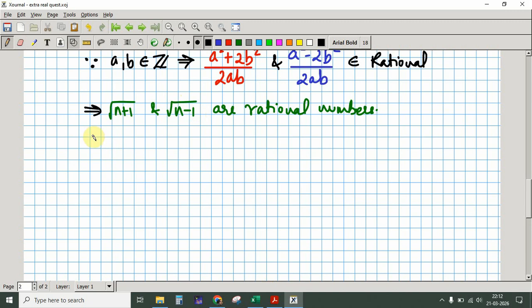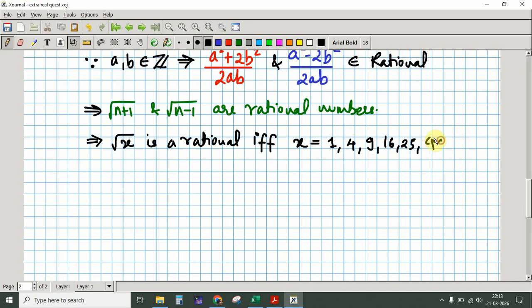So this tells me that square root of x is rational if and only if x is either 1, 4, 9, 16, 25, 49, 64 and so on.